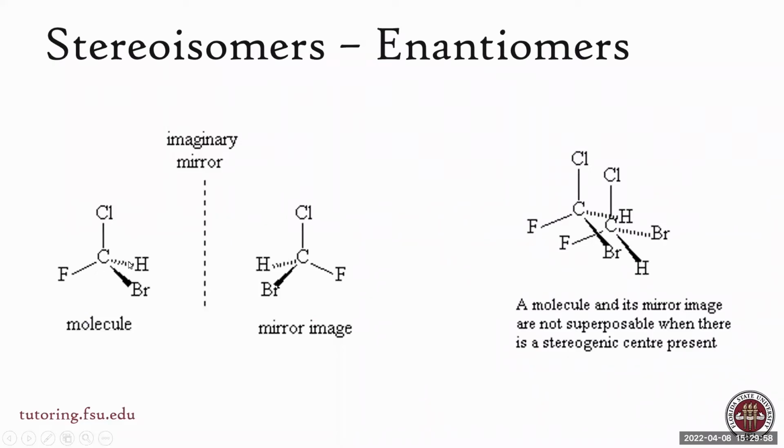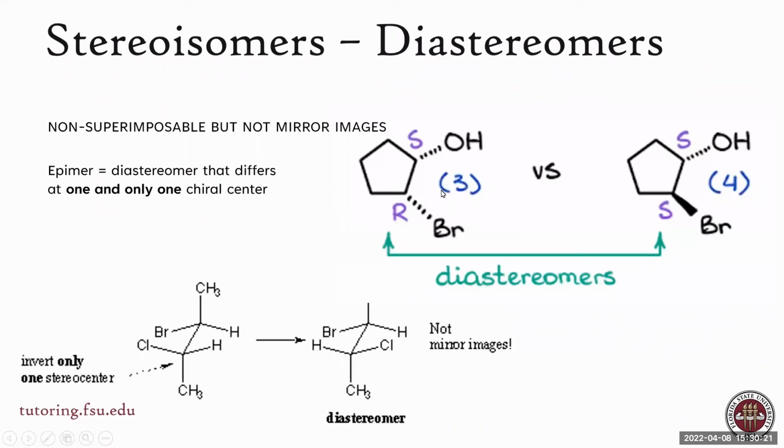You can see once again, this is just as if you were to put it in the mirror: totally separate molecules, even though they have the same connectivity. Here, this is a wedge H, wedge Br, different molecules. Mirror images.